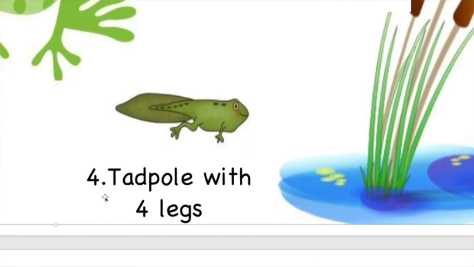Stage 4 is just a little bit different. It's a tadpole with 4 legs. T-A-D-P-O-L-E space W-I-T-H space 4 space L-E-G-S. Tadpole with 4 legs.